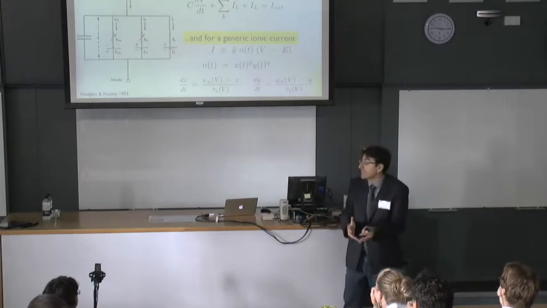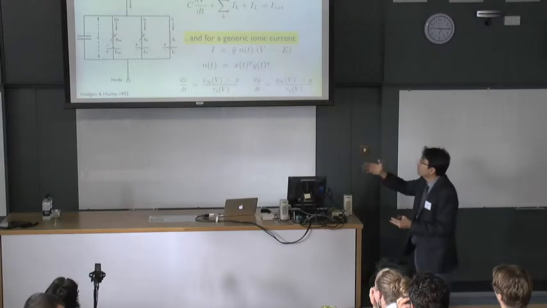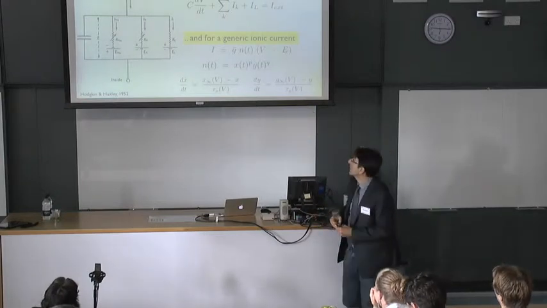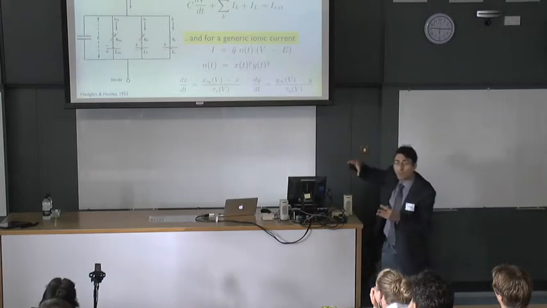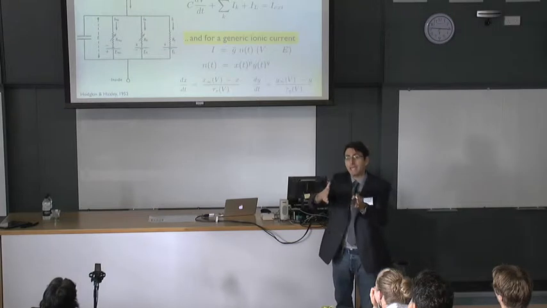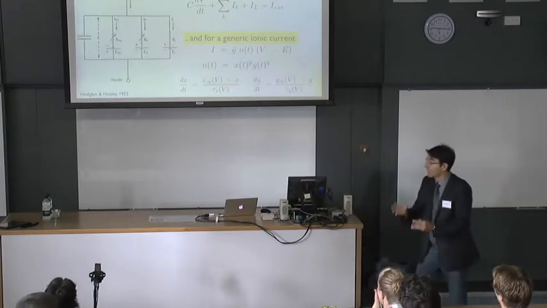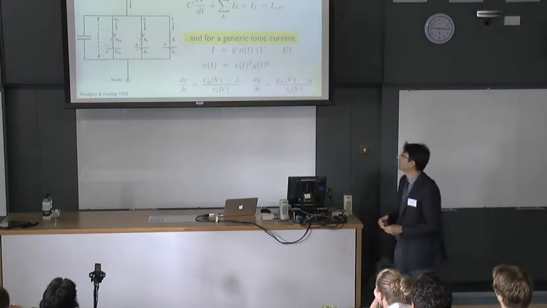If it changes, it's a consequence of current flows, and these flows, for simplicity, have been limited to a set of currents. So this is very generic. K is not potassium. It's just K equals 1, 2, 3. So it can be sodium, it can be potassium, it can be chloride, calcium, etc.